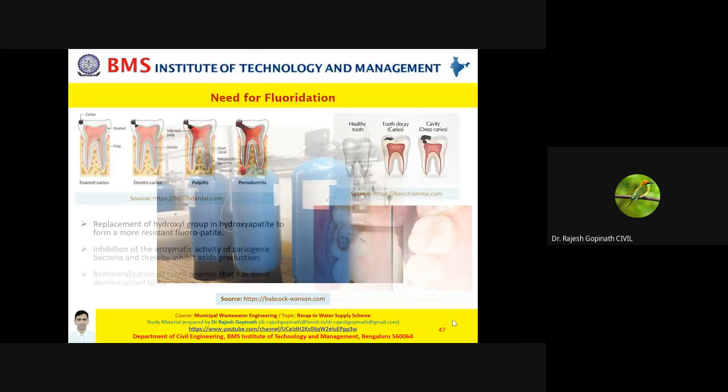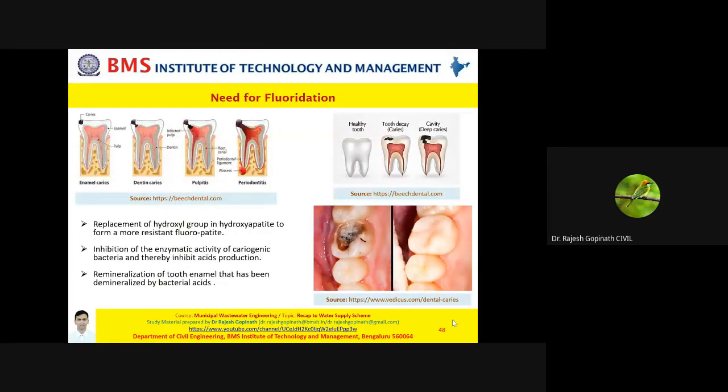Now, the most important thing that you need to understand as a public health engineer or as an environmental engineer or as a civil engineer is that fluoride in drinking water is a double-edged problem. Having too little fluoride is bad, and having too much fluoride is also bad. Too little fluoride triggers or aggravates dental caries.